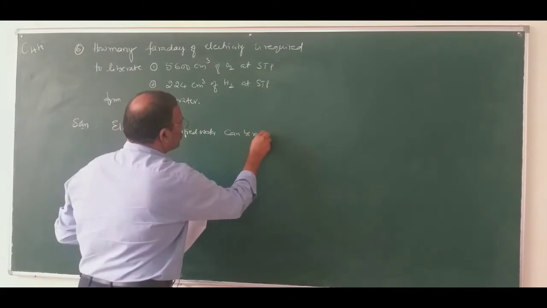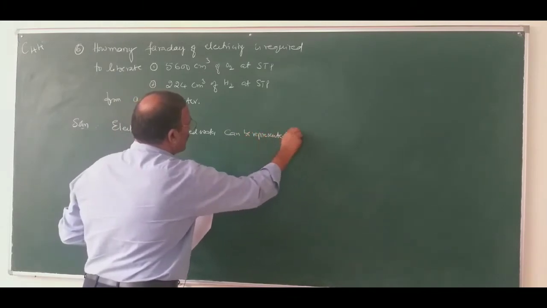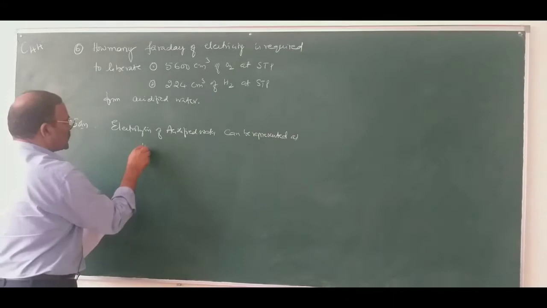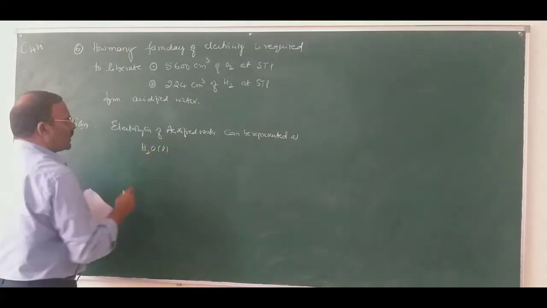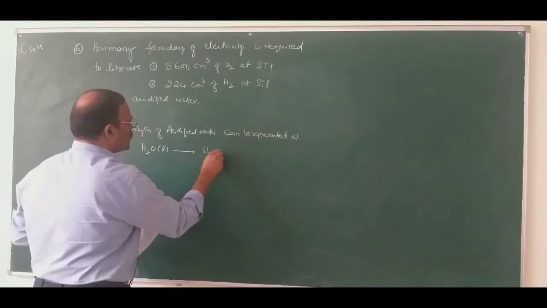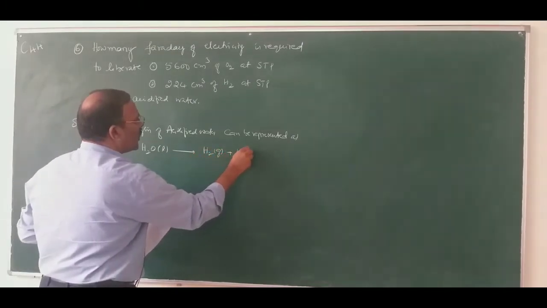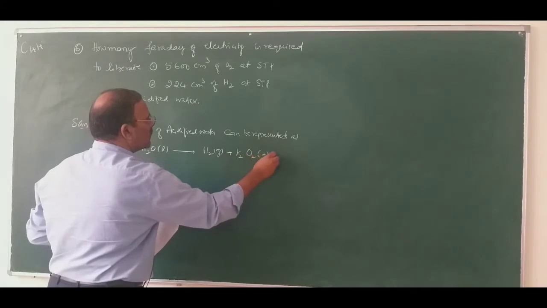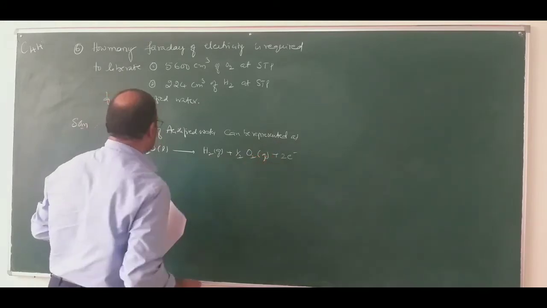Water can be represented as H2O(l) gives H2(g) plus half O2(g) plus 2 electrons.